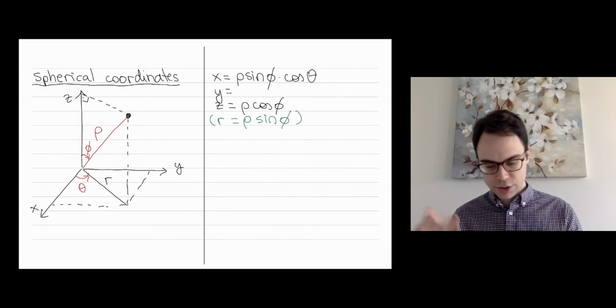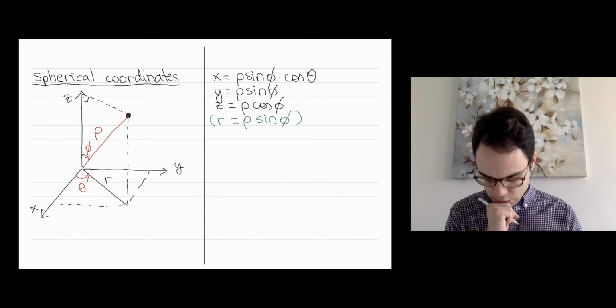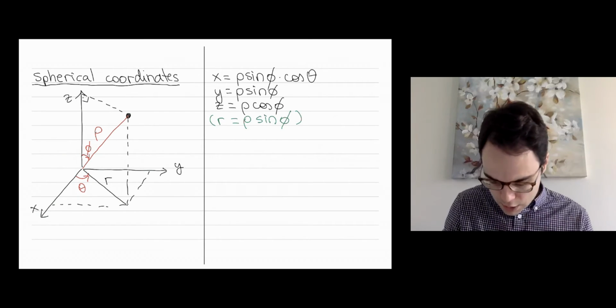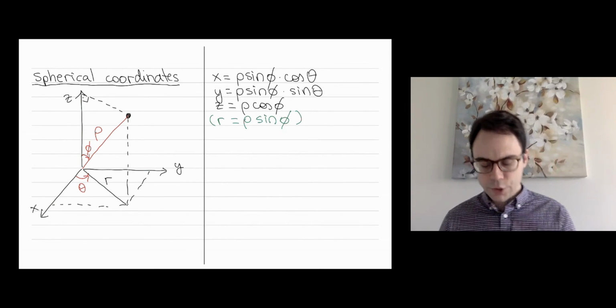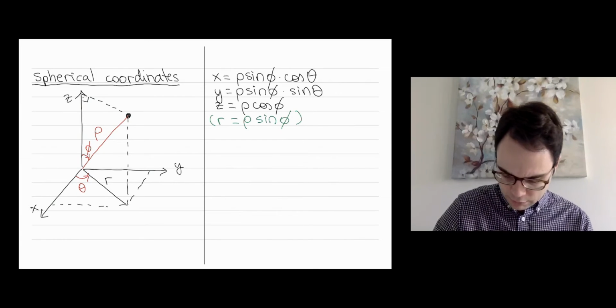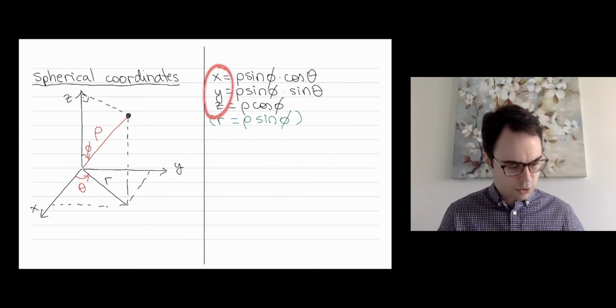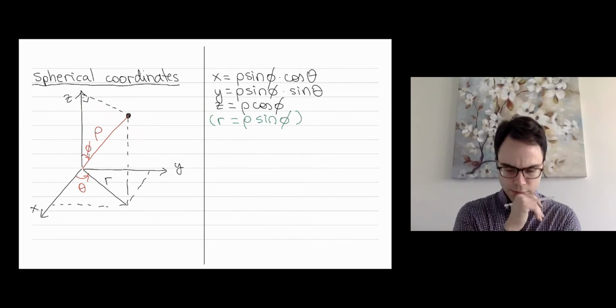And y is r sine theta, so y is rho sine phi multiplied by sine of theta. And there you go. These are our formulas for the Cartesian coordinates in terms of the spherical coordinates.